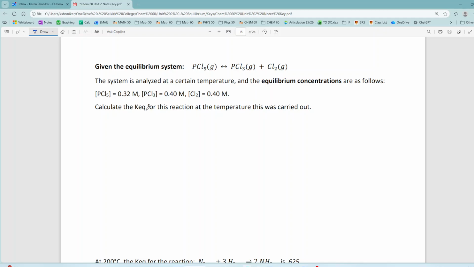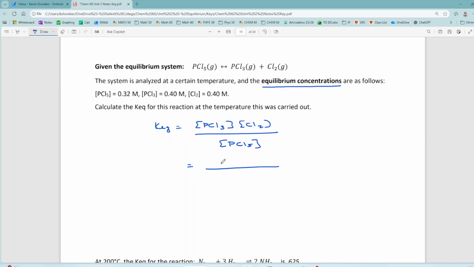So for this one, they're giving you the equilibrium concentrations and they're just asking you to solve for Keq. So I'm going to write my expression. It's going to be the concentration of PCl3 times the concentration of Cl2 divided by the concentration of PCl5. There isn't even any coefficients.